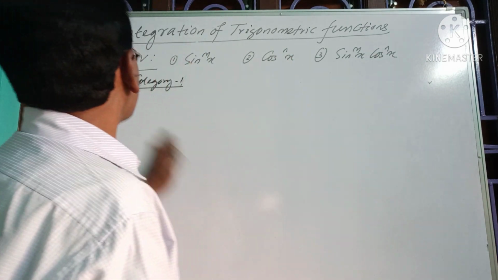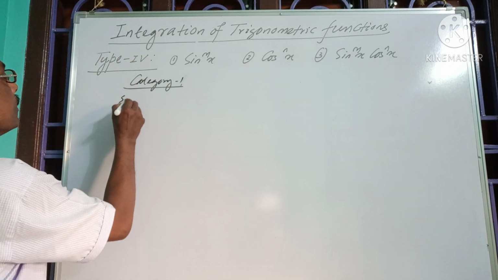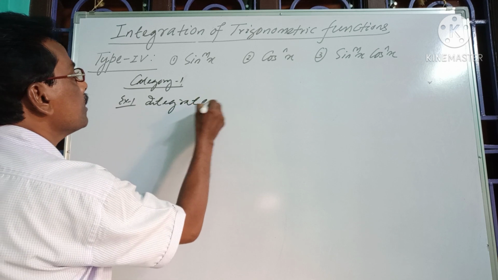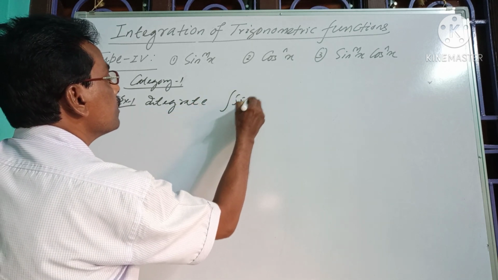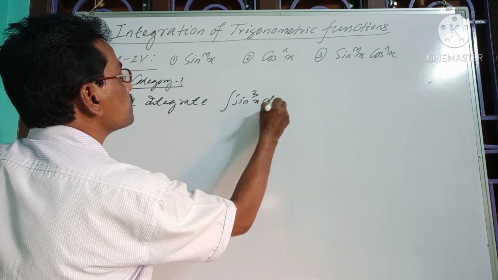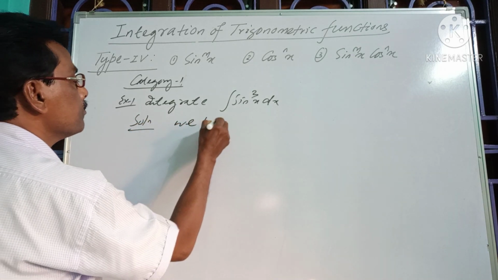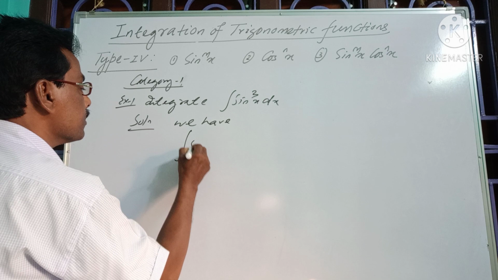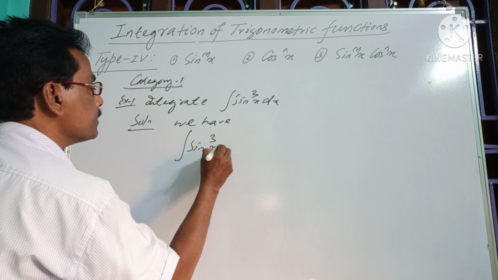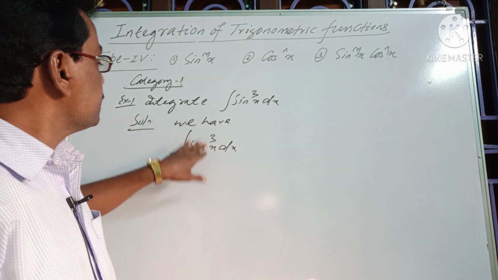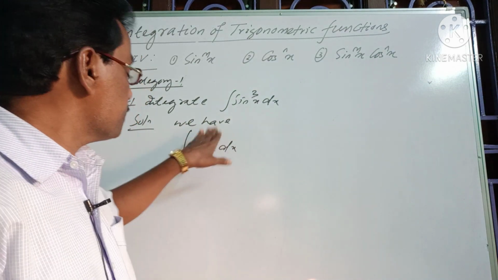Example 1: let us integrate sine to the power 3x with respect to x. So we have the solution like this: integration of sine to the power 3x with respect to x. Here the power of sine x is 3, which is an odd positive integer.